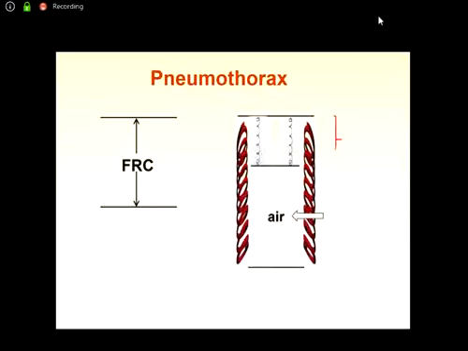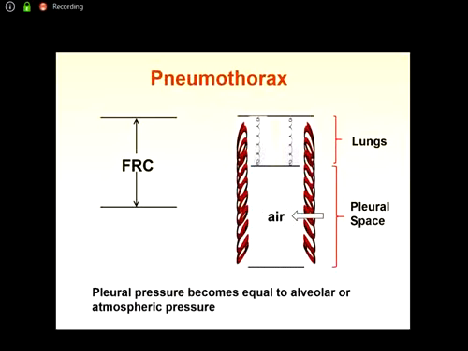Now, what happens when you introduce air into that pleural space? Well, the pleural pressure becomes equal to the alveolar or atmospheric pressure, and then the lungs will collapse and the FRC will decrease.